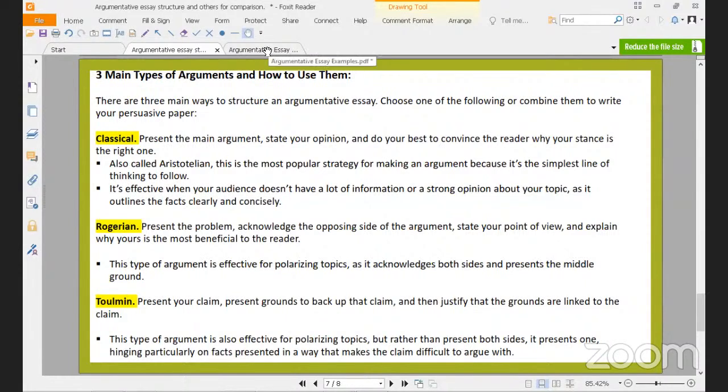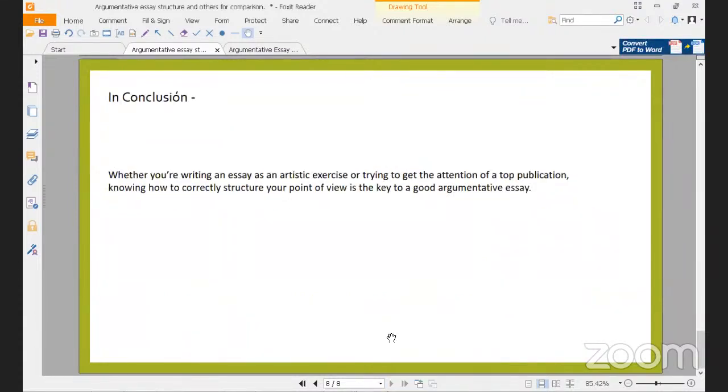Now, let's continue on the presentation. In conclusion, whether you're writing an essay as an artistic exercise or trying to get the attention of a top publication, knowing how to correctly structure your point of view is the key to a good argumentative essay. And not only for an activity from school, guys. Also, if you want to state an argument in other situations.